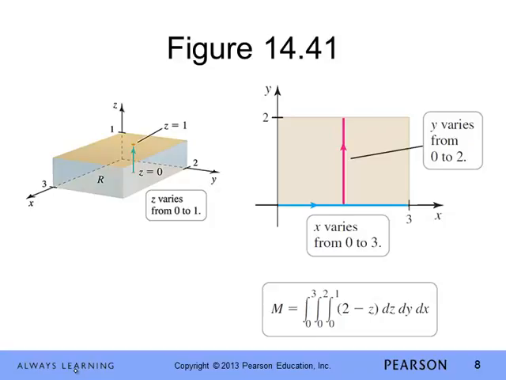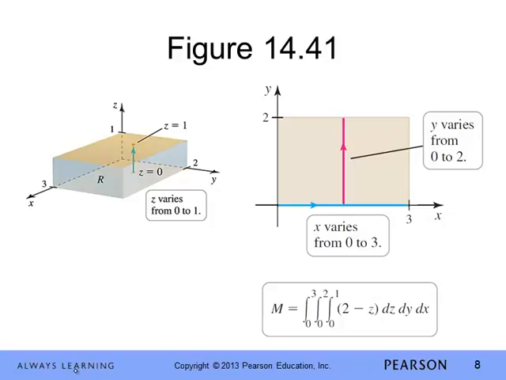Now, the mass happens to be variable. A function of z, not mass, but the density, I should say. The density happens to be a function of z, but we're going to integrate over this 3-dimensional box. And we're going to evaluate this triple integral. So here we've got the density that we're going to integrate over this 3-dimensional region.